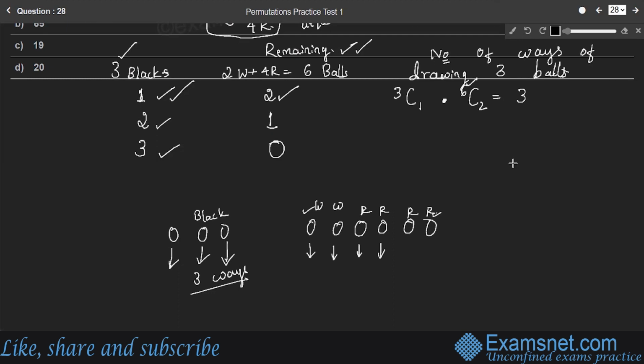So we have 3 into 6C2, and 6C2 is factorial 6 by 2 factorial into 4 factorial, which is 15. So there are 45 ways of drawing 3 balls.